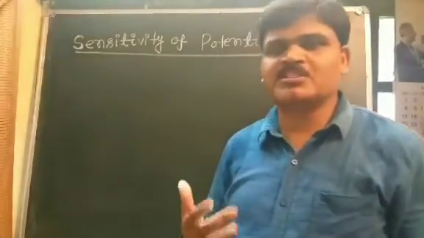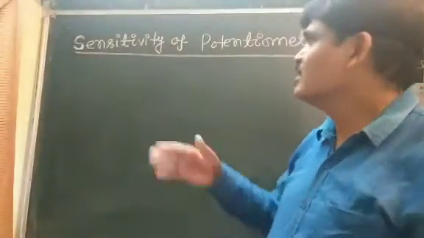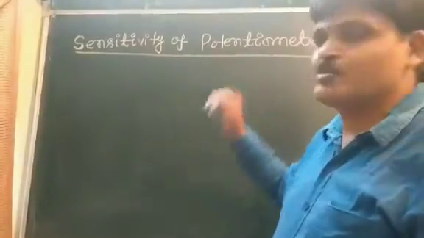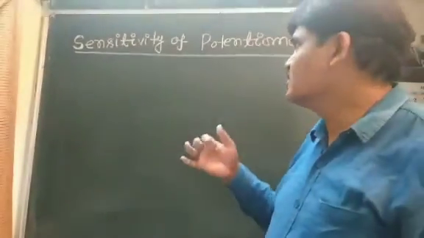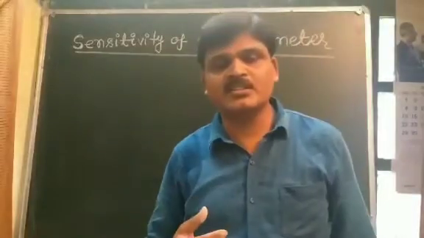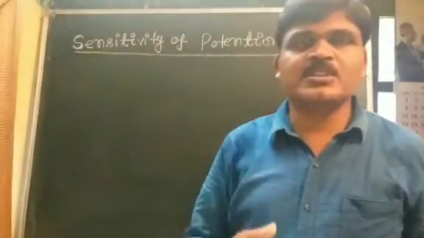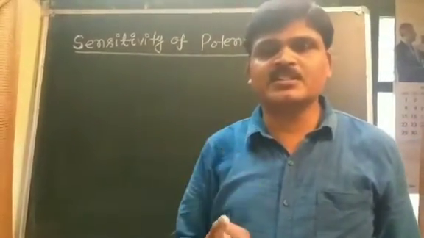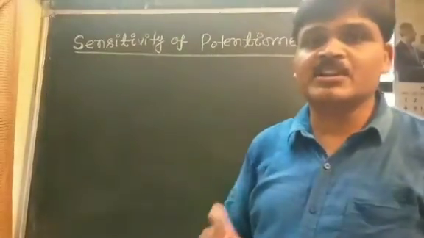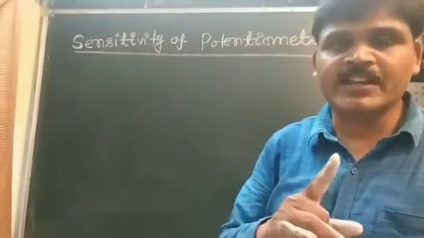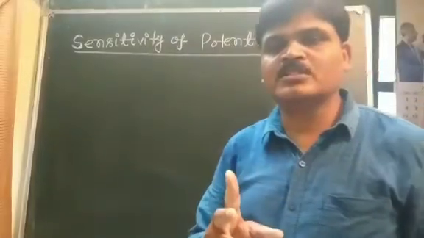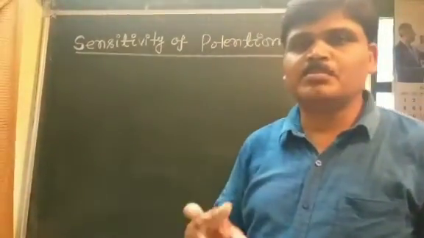The last topic of this chapter, current electricity, is the sensitivity of a potentiometer. How can the sensitivity of a potentiometer be increased? Students, the sensitivity of a potentiometer can be increased by decreasing the potential gradient K. There are two ways to decrease the potential gradient.